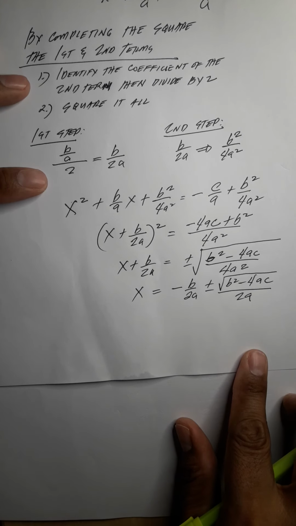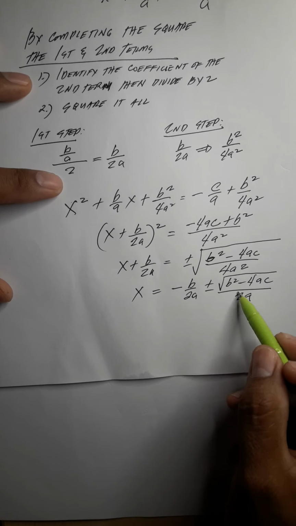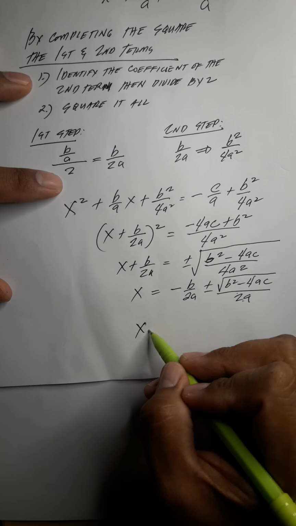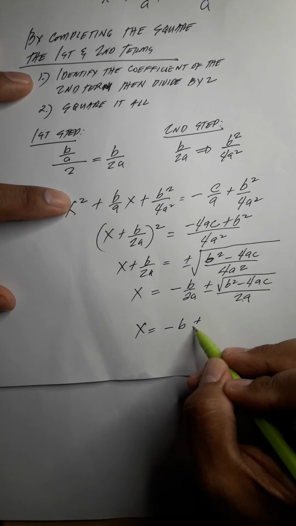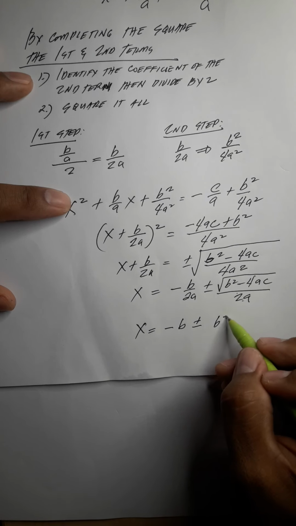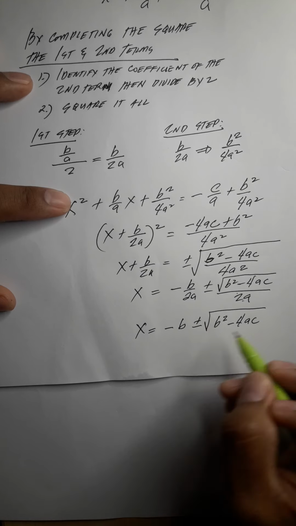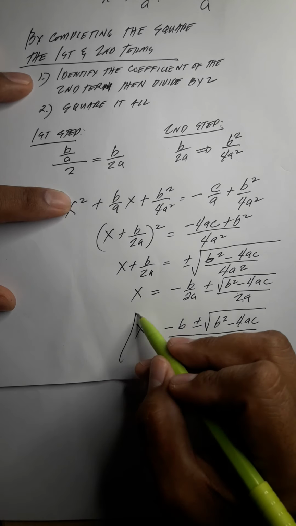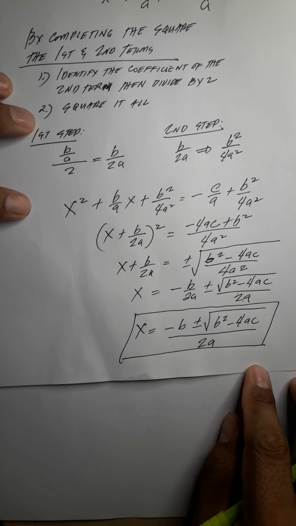Now, we arrange furthermore because this term and this term have the common denominator of 2a. So we have x equals negative b plus or minus the square root of b squared minus 4ac, all over 2a, which is our quadratic formula.